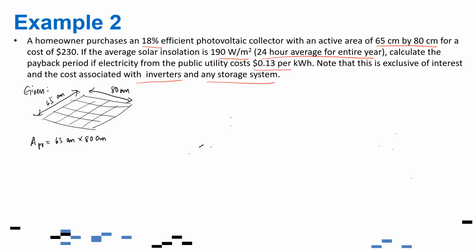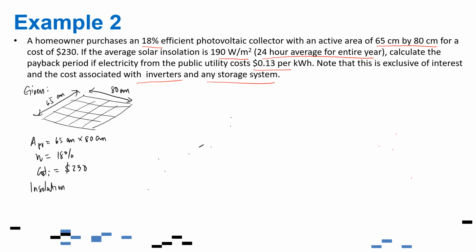And then we are also given the efficiency of 18% of the PV. And then we are also given the initial cost. Cost initial is equal to $230 of this PV collector, and insolation is also given.